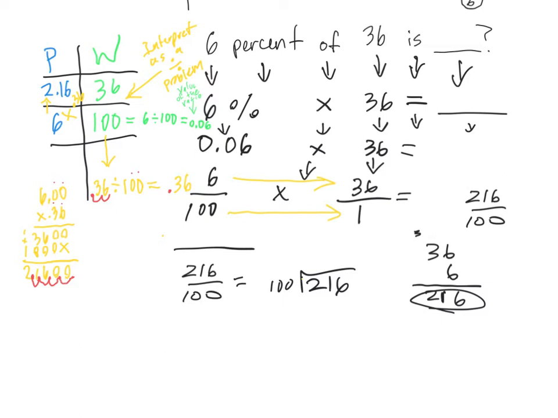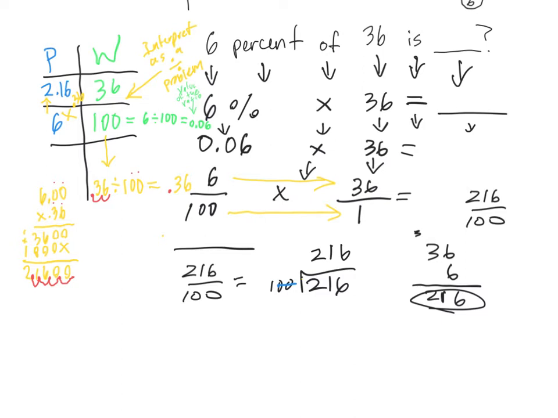We know that if we want to get 216 from 100, all we got to do is just move around the decimal place. So if we took out these zeros and we imagined these without zeros and we just had a 1, we would say, okay, then our answer has to be 216 because 1 times 216 would equal 216.